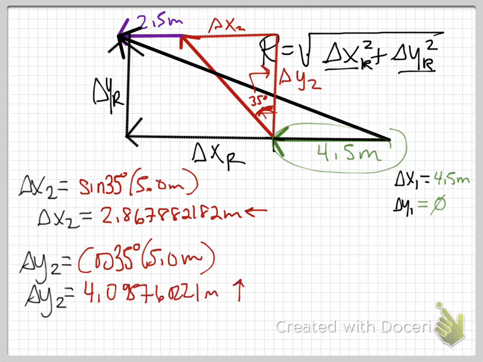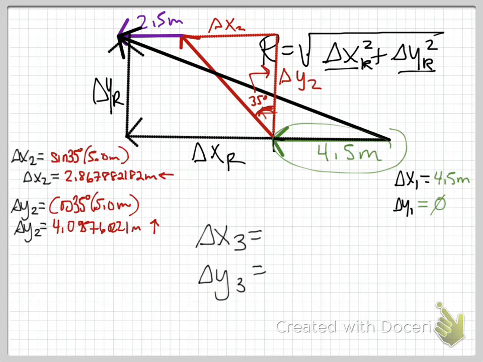And again, I give myself an arrow as a reminder that that motion is northward. With the third leg of our journey, we're back to the easy stuff, because of course all of that third leg is on the x-axis. So delta x3 equals 2.5 meters, and delta y3 equals 0 meters. And again, I'll give myself an arrow as a reminder that that motion is westward.